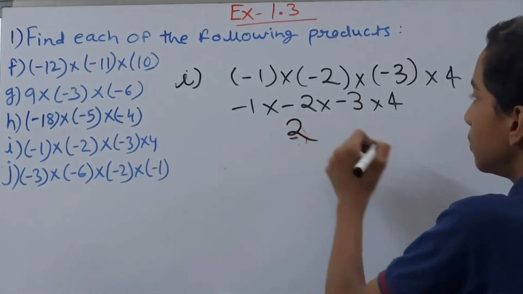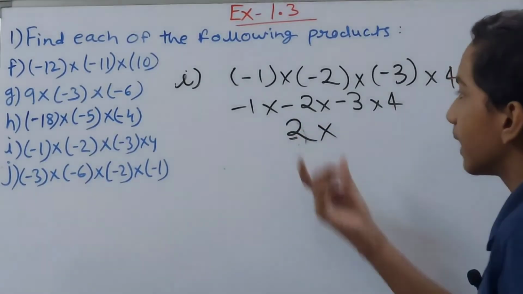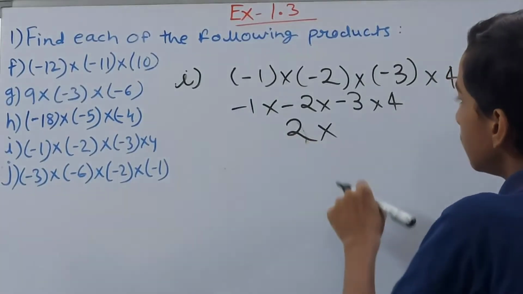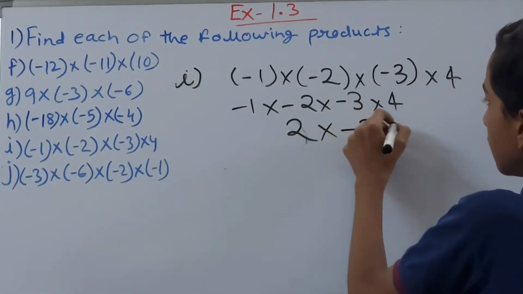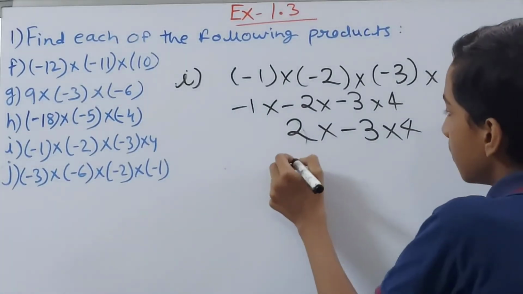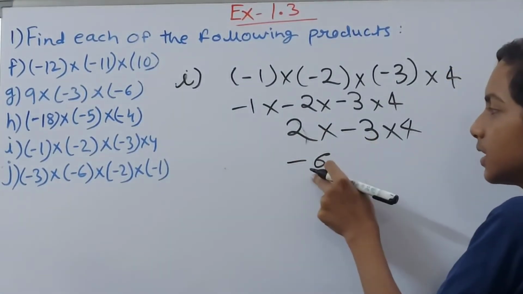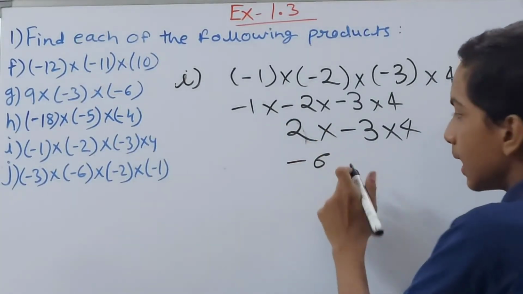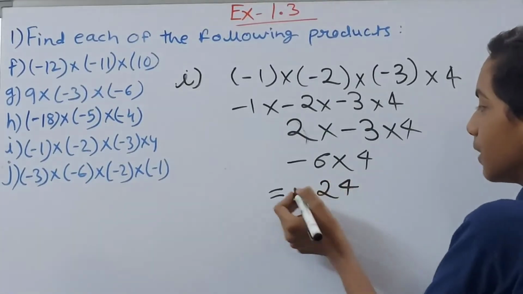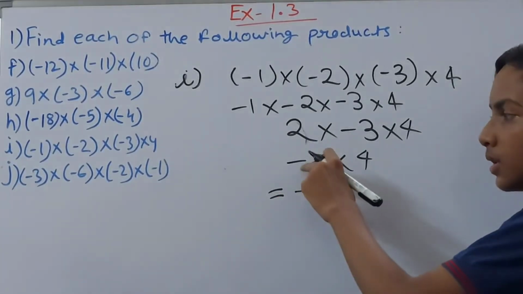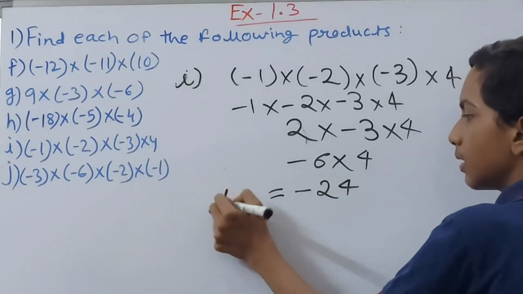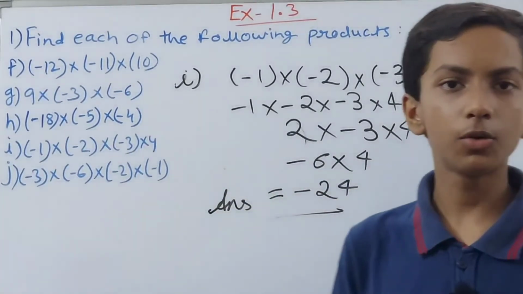So this becomes 2 into, and again both of them have minus sign, so we put the plus sign here. Now 2 into minus 3 into 4. So 2 into minus 3 will be minus 6, because 2 into 3 is 6, plus into minus is minus, and then into 4 once again. This becomes 24, and once again a minus sign here, because 6 into 4 is 24, minus into plus is minus. So this becomes our answer, minus 24.